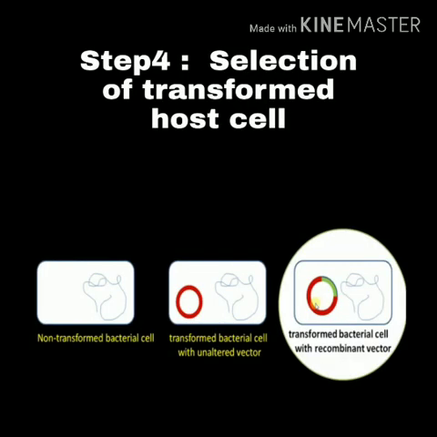Next step is step 4. After the process of transformation, we will get 3 types of colonies. First, transformed bacterial cell. Second, transformed bacterial cell with unchanged vector. And the final colony is transformed bacterial cell with recombinant vector.